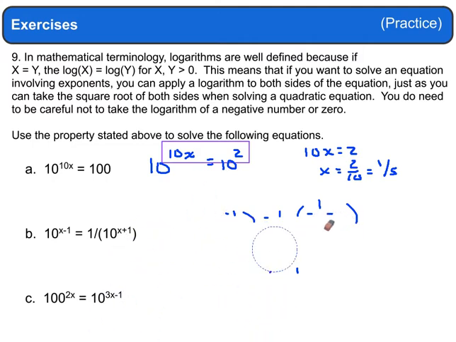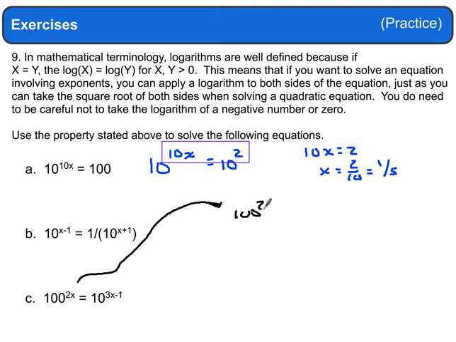Here we go. All right, so let's talk about letter C. Letter C says this: 100 to the 2x equals 10 to the 3x minus 1. So we're going to write it up here.